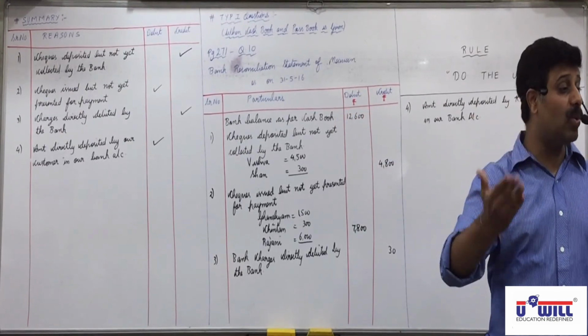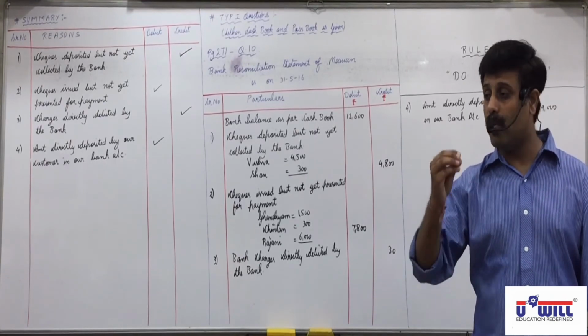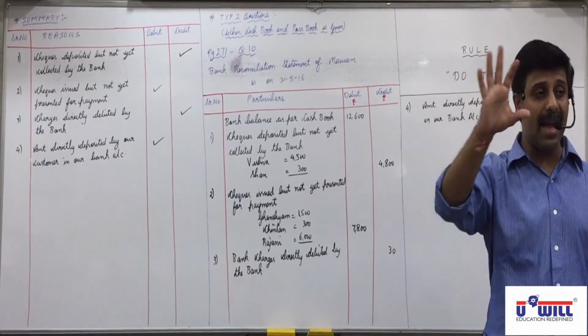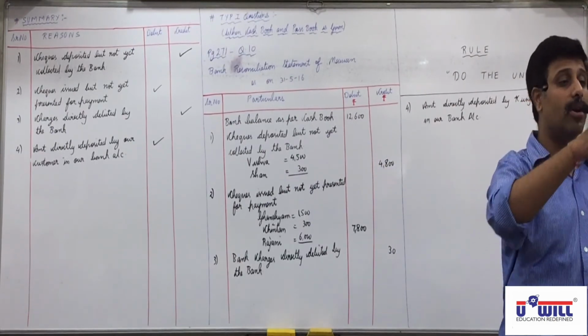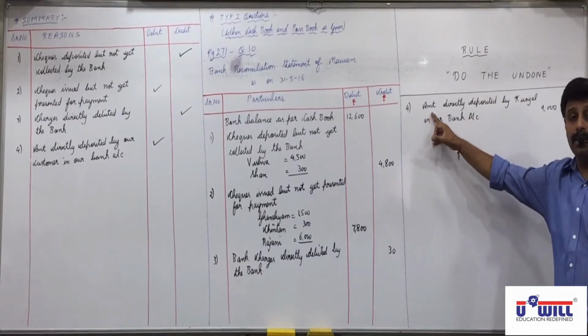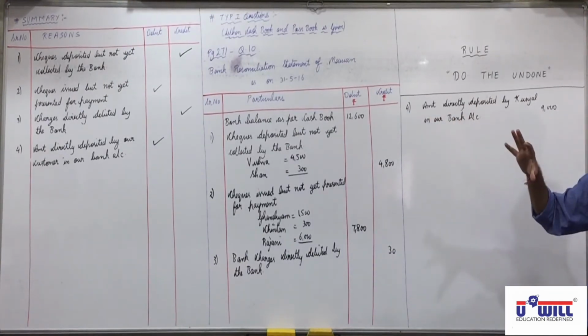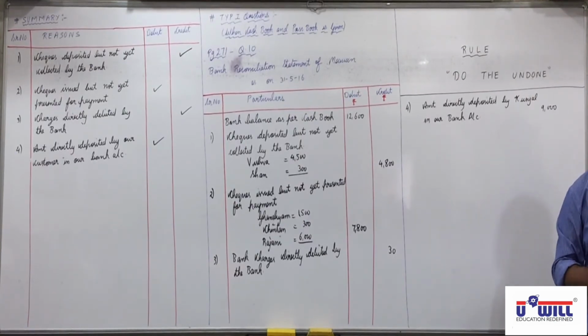So when will we come to know about that? Only when we see the passbook. So trader has given this standing instruction and bank has paid the money to Jay. But trader does not have knowledge, so he has not recorded it. So as we have written here, amount directly deposited, here we'll say amount directly paid by the bank on our behalf. Did you understand this?